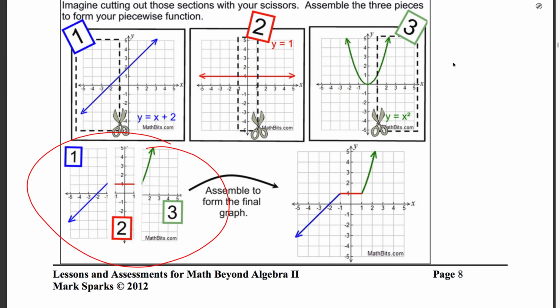Between -1 and +1, use the middle graph. And between 1 and infinity, use the third graph. And that's how we get the final graph that's over here. Piecewise functions are not that tough of a thing. They're just like a new language to you guys. You haven't seen them before. But that's how we would have graphed that one there.